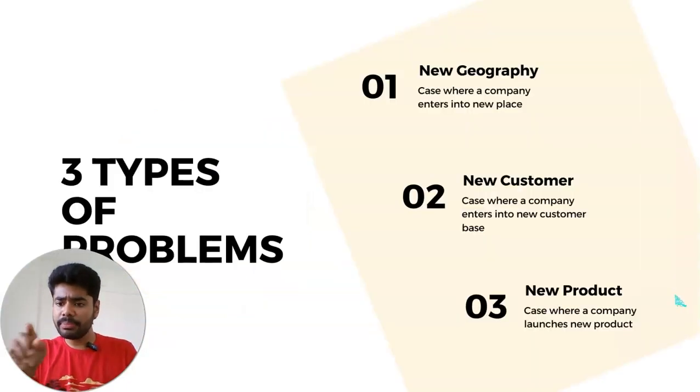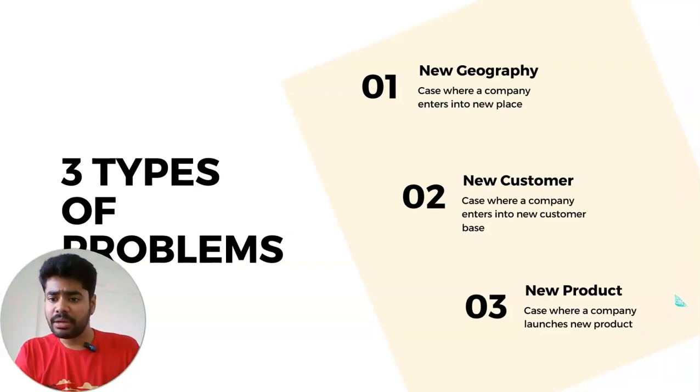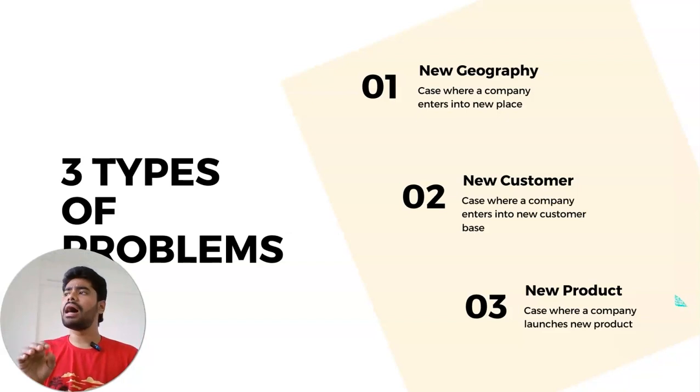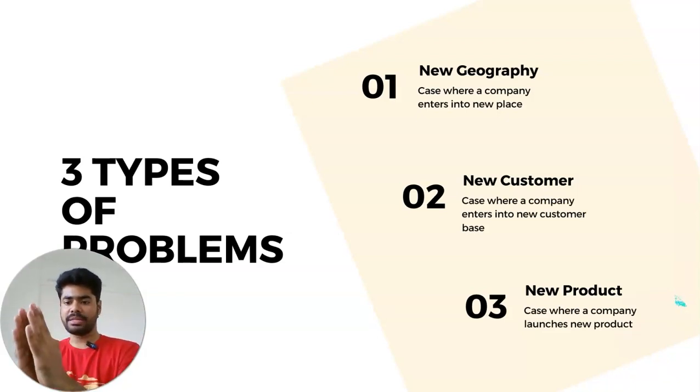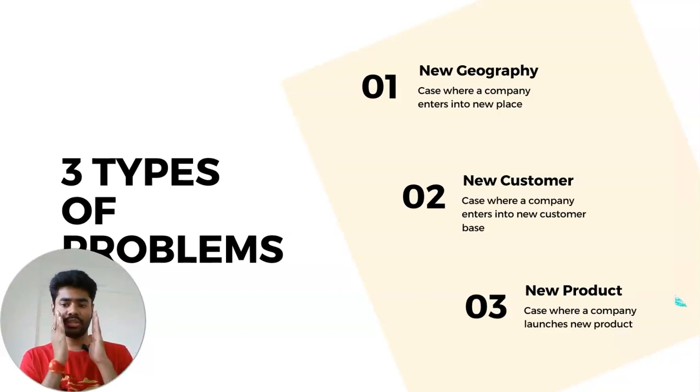There are three types of problems in this market entry case. First is the new geography, where a company wants to enter a new place in a country or in the world where they didn't have any prior experience. New customer type problems are where a company already exists and provides services to only one type of customer segment, like poor, middle class or rich, and they want to enter a new customer segment, like young, kids, adult.